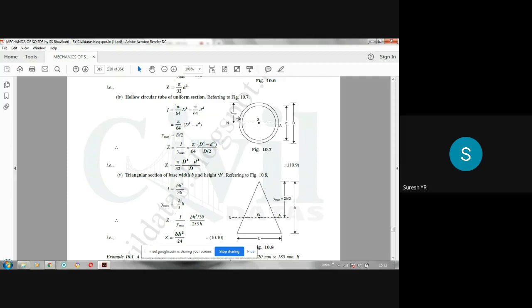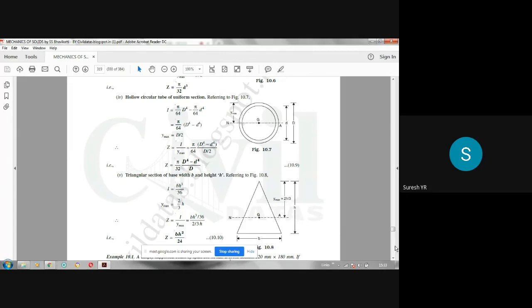We subtract, just like the hollow rectangular section. So again y max will be capital D by 2. The farthest fiber is here, the longest distance fiber. From here to here it is capital D by 2. If you divide I by y max, you will get the Z value of this.